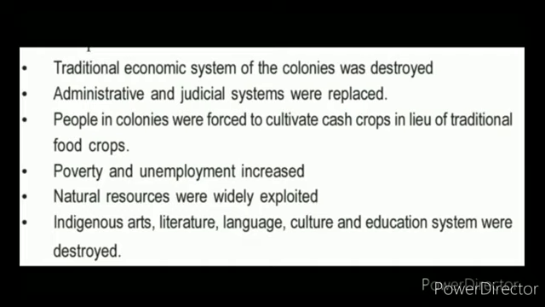Poverty and unemployment increased. Natural resources were widely exploited. Indigenous arts, literature, language, culture, and education system were destroyed. These are the effects of imperialism on the colonies.